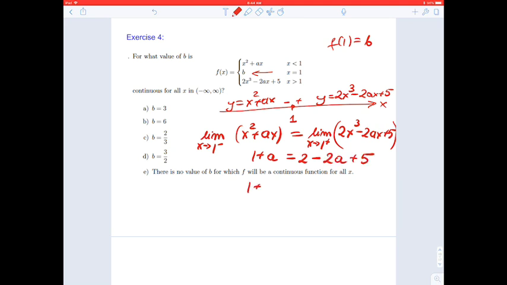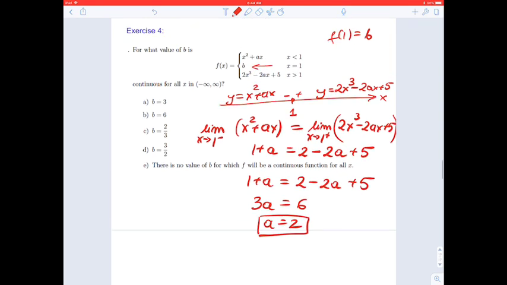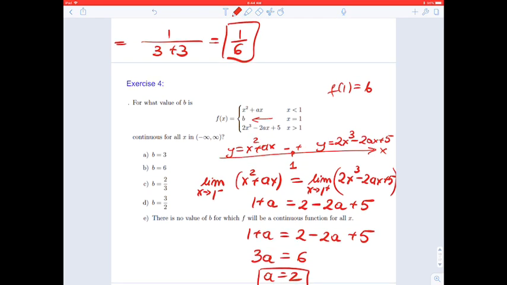Let's solve this equation. I can copy one more time, just to see. If I add 2a to both sides, it's 3a, and if I subtract 1 from both sides, 7 minus 1, 6. A is 2. Okay. However, it's not really my answer, because we're looking for the value of b.